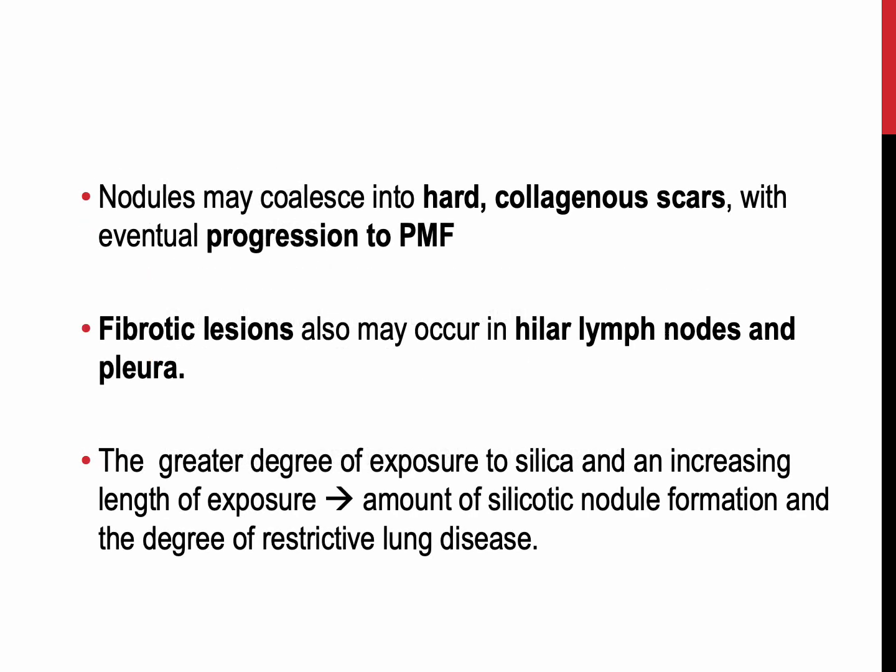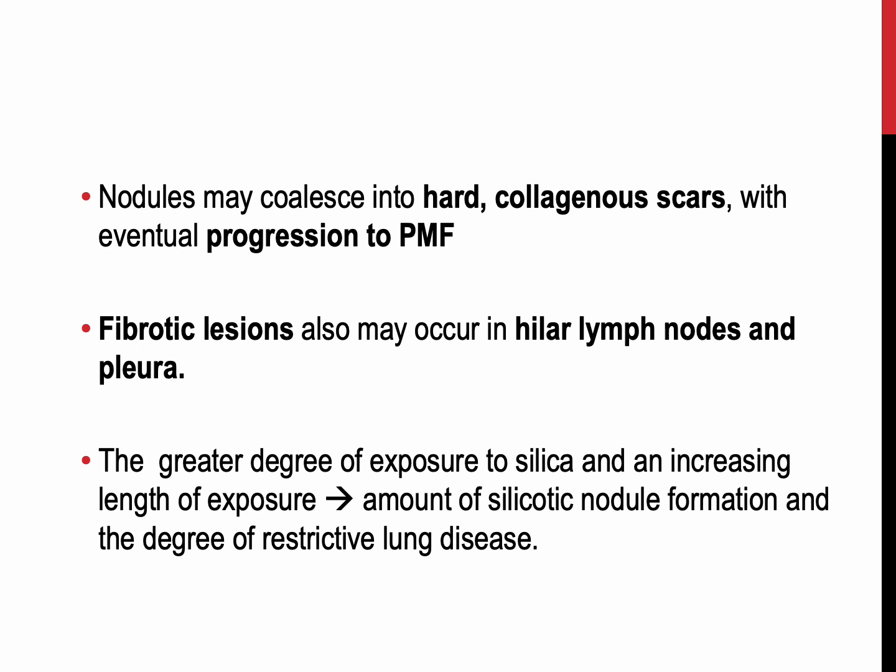As the disease progresses, individual nodules may coalesce into hard collagenous scars, with eventual progression to progressive massive fibrosis. As you may remember from the previous lecture, progressive massive fibrosis is associated with extensive fibrosis and deterioration in the lung function.